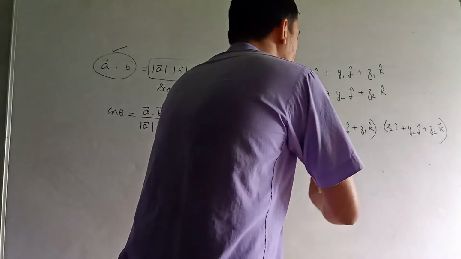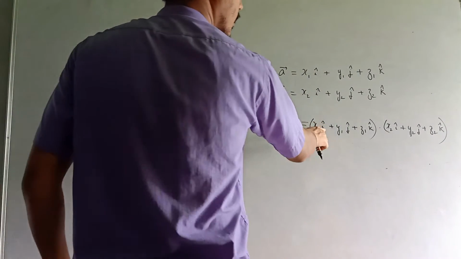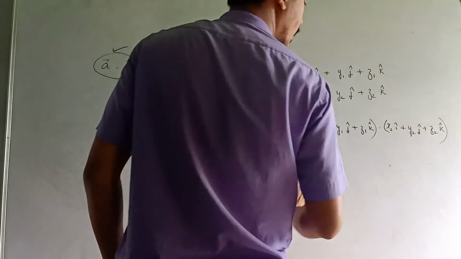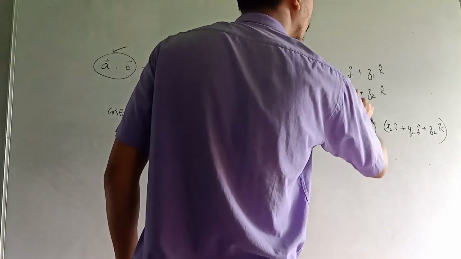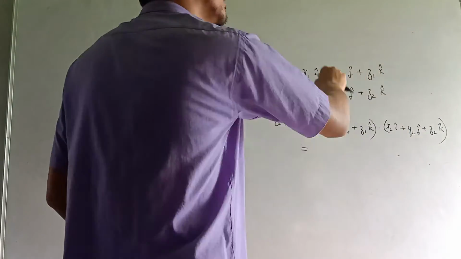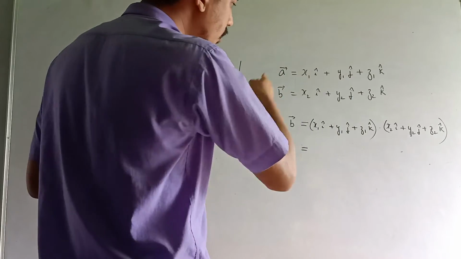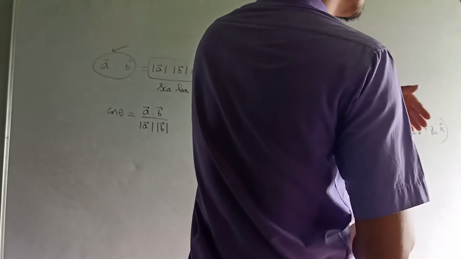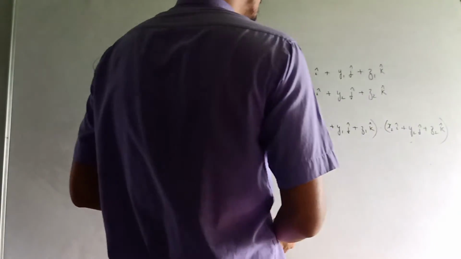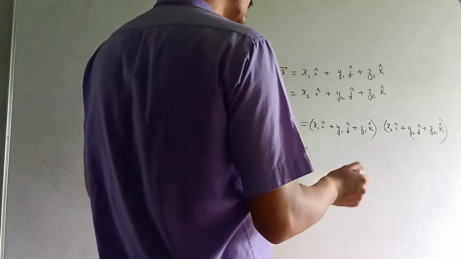Okay? And we know that i cap dot i cap is 1, j cap dot j cap is 1, and k cap dot k cap is 1. i dot j is 0 and j dot i is 0. i dot k is 0 and k dot i is 0. j dot k is 0 and k dot j is 0.